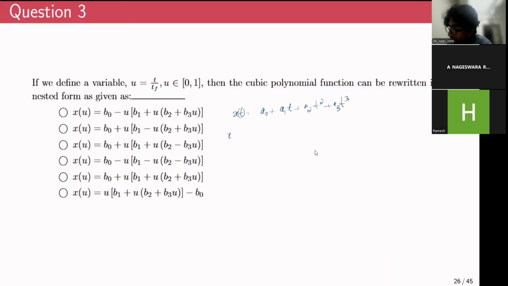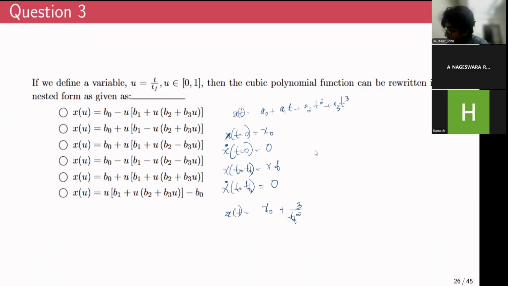If you consider your initial position x at t equal to 0 as x0 and your initial velocity x dot at t equal to 0 as 0, and your final position x at t equal to tf as xf, and your final velocity x dot at t equal to tf as 0, the expression for these coefficients can be determined, and you can rewrite the trajectory as x of t equals x0 plus 3 by tf square times (xf minus x0) t square minus 2 by tf cube times (xf minus x0) multiplied by t cube.